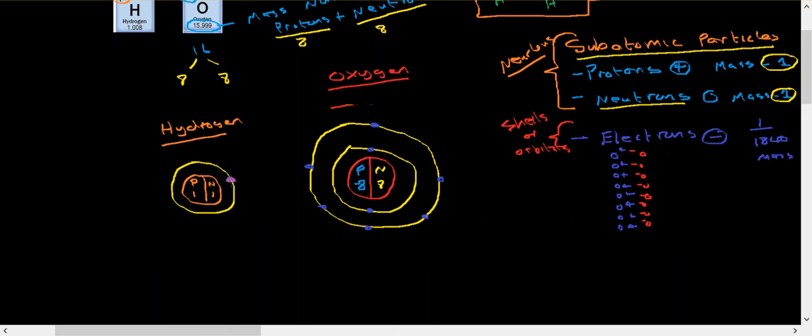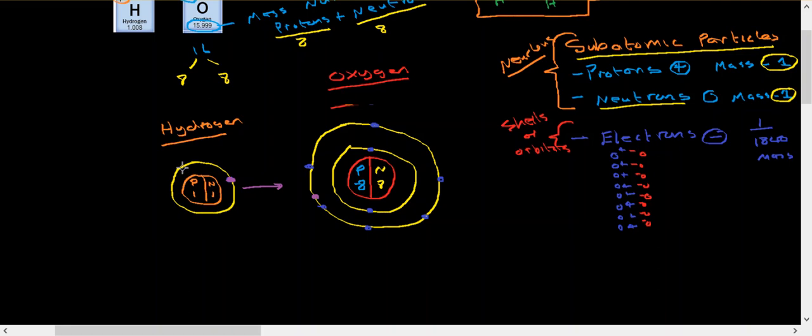What's going to happen is oxygen and hydrogen can share electrons with each other and have a full outer shell. So these are going to come into contact, and this electron will come in here and share with the hydrogen.